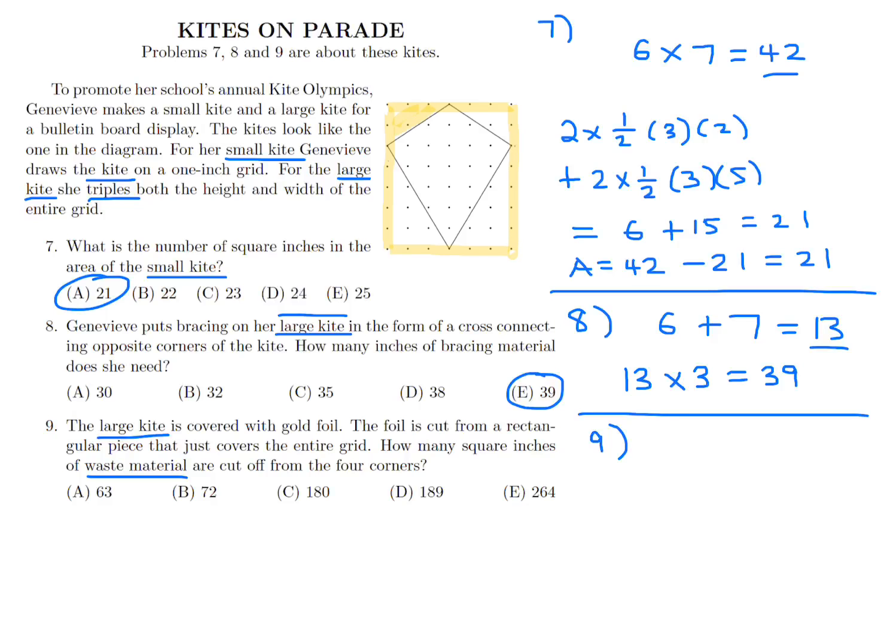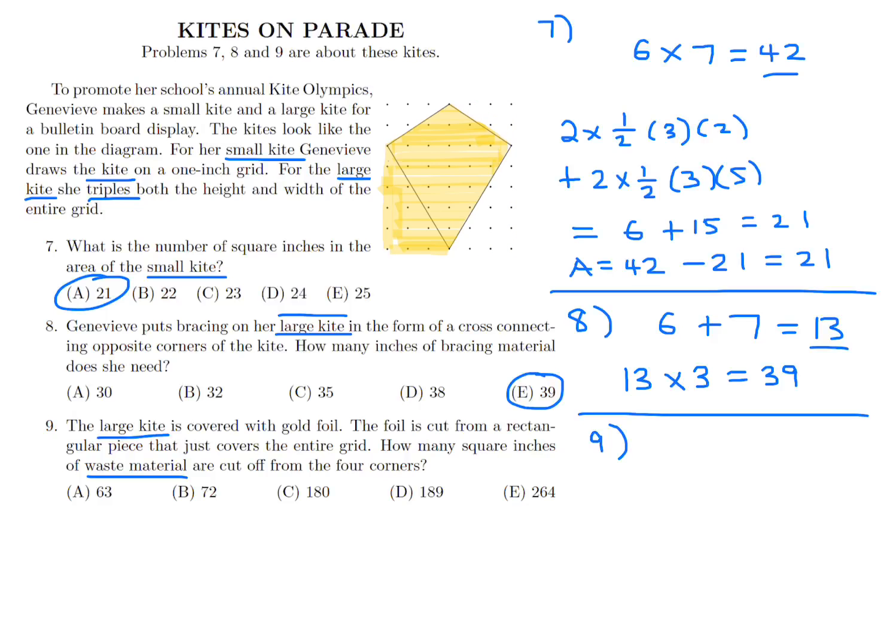And you are going to use it to cover all of this kite. But we actually don't need the whole material, right? We just need enough to cover the kite. So that means that you're going to eventually cut off the corners like that, or the triangles. And they're asking you, when you do that, how much did you waste?